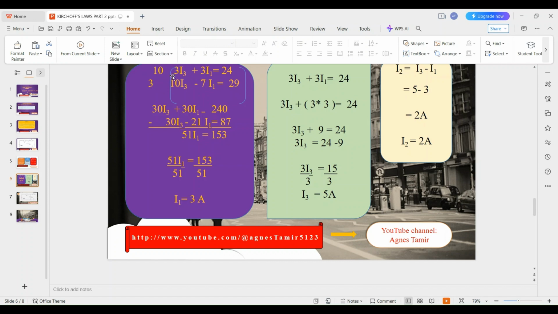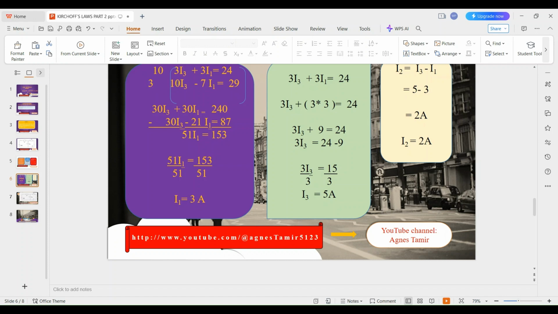Therefore, I will have 10 multiplied by 3 I3, I shall have 30 I3. 10 multiplied by positive 3 I1, I shall have 30 I1 is equal to 10 multiplied by 24, I shall have 240.